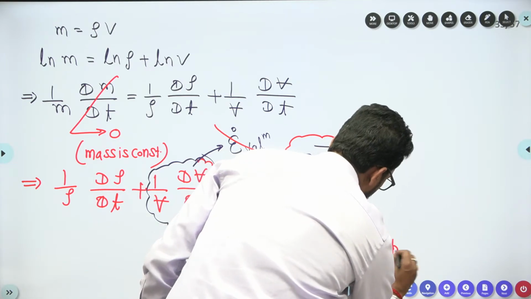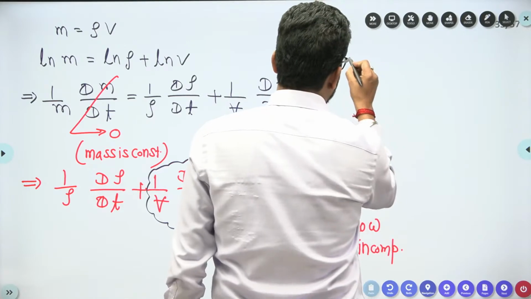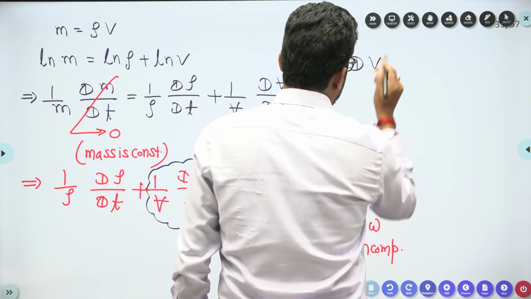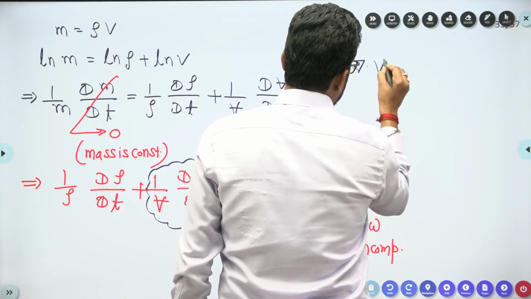And what is the divergence of V? What is the divergence of a velocity vector? Del dot V is what?